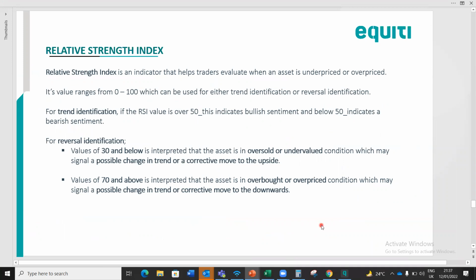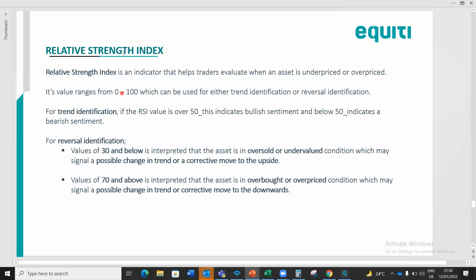Let's look at the relative strength index. The relative strength index is an indicator that helps traders to evaluate when an asset is underpriced or overpriced. Its value ranges from 0 to 100, which can be used for either trend identification or reversal identification.